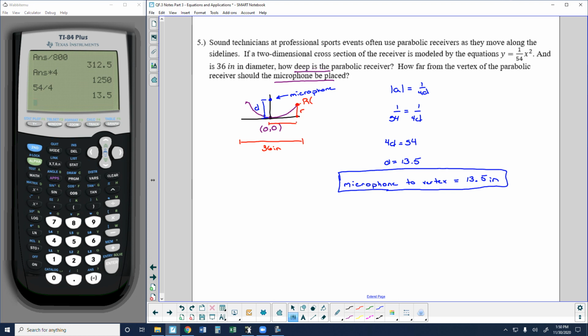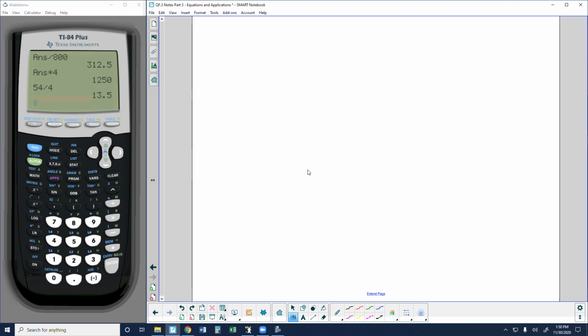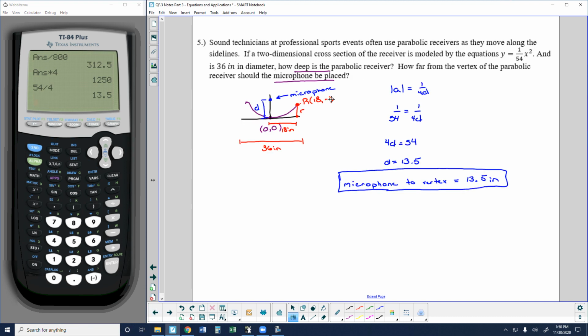Oh, we do know what the x coordinate is. The x coordinate is going to be halfway across the dish, or the radius of the dish. It's going to be 18. We don't know what the y coordinate is. The y coordinate is r. But we can solve for this. We can substitute these values into the equation that was given to us to be able to solve for r. So r is equal to 1 over 54 times 18 inches quantity squared.